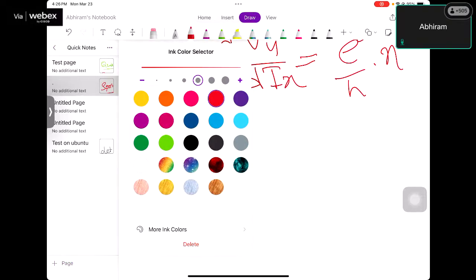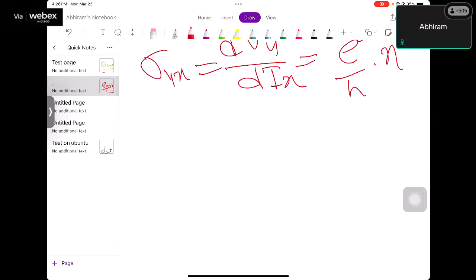continuum and lattice models for metals. What is the continuum model? In the continuum model, you can write down the Hamiltonian H equal to p squared by 2m. This is the free electron Hamiltonian. What is p here?